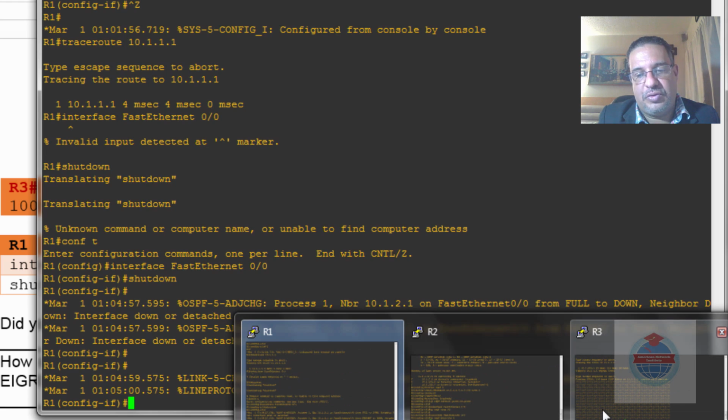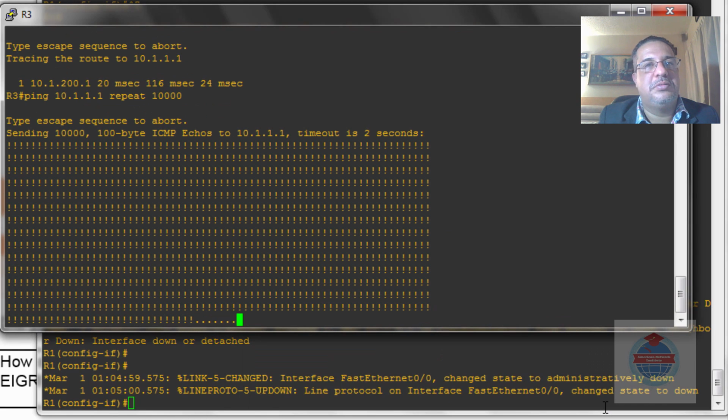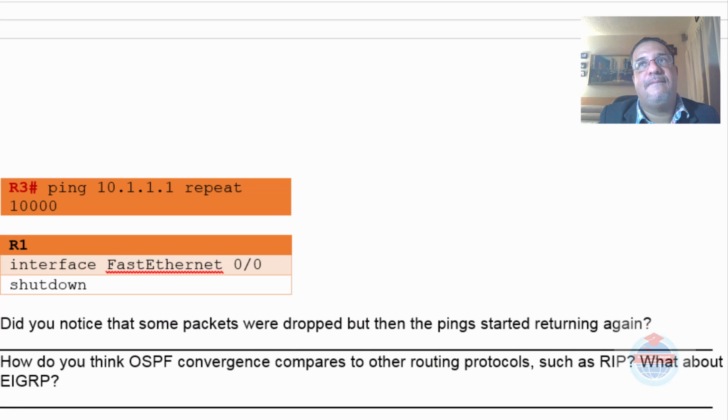So now we shut down. Look at the behavior of R3. Did you notice that some packets were dropped, but then the ping started returning again?